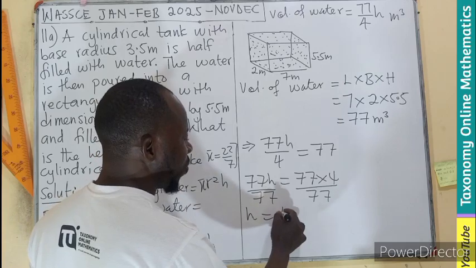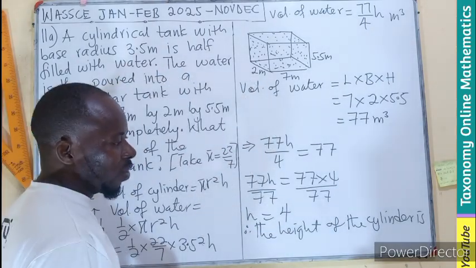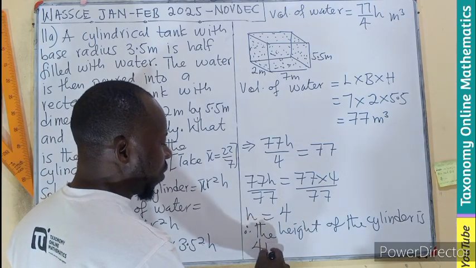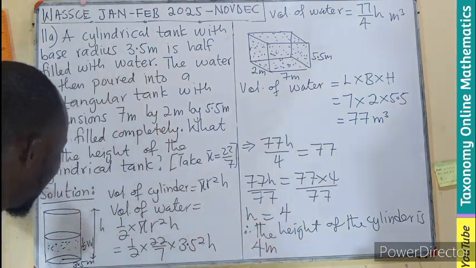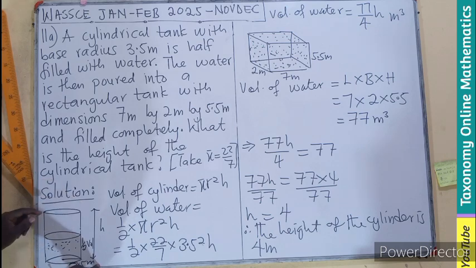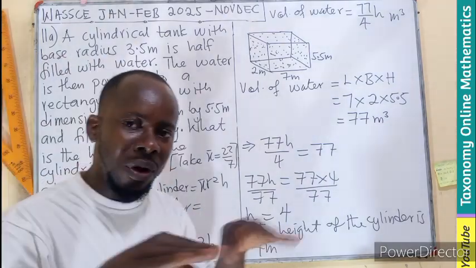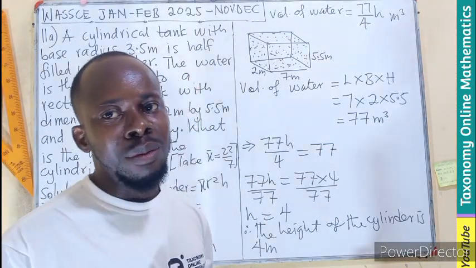Then h will be equal to 4. Therefore, we can say that the height of the cylinder is going to be 4 meters. So here 4 meters is the total height, not the depth of water in the tank, but the actual height of the cylinder, how tall it is before the water is placed in the middle part of it.